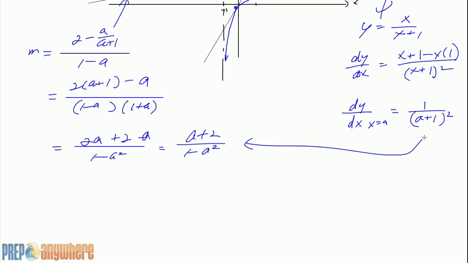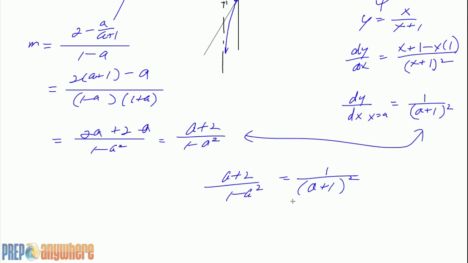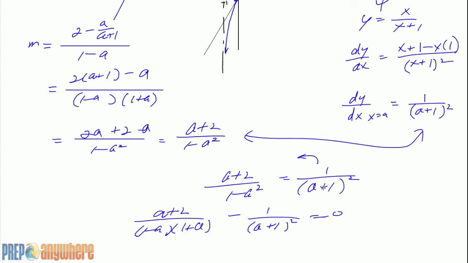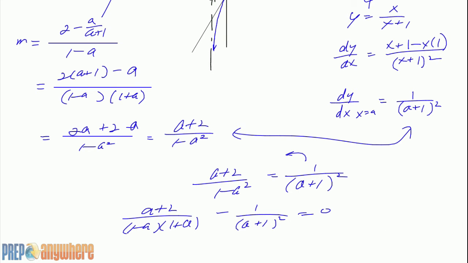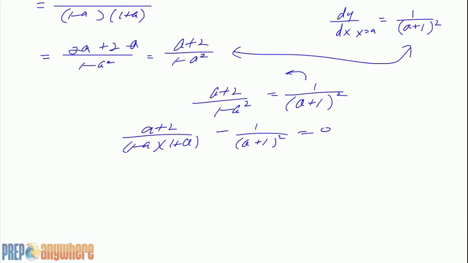So we can say these two are equal to each other. So the common denominator will be a plus 1 squared times 1 minus a.